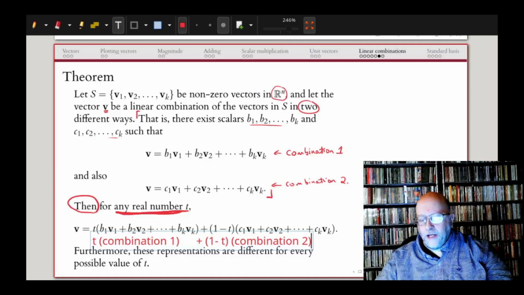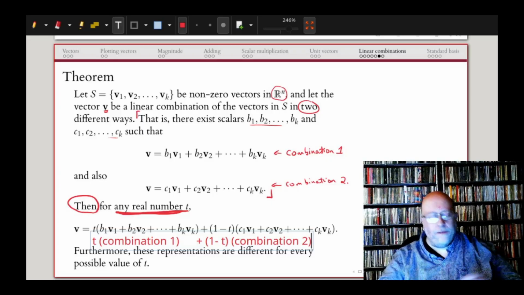And that will be a new combination that is also equal to v.